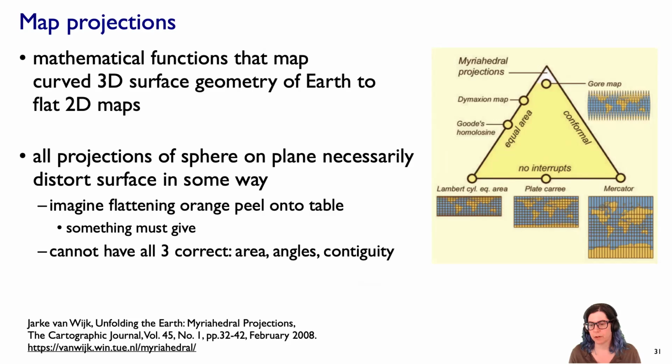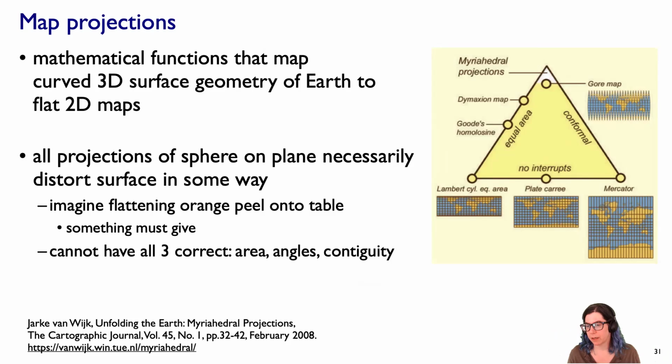Here in this figure from the myriahedral projections paper by Jaak van Wijk, we see the Mercator projection in the bottom right, and then we see some other alternatives. In some we have the area equal, in others we have conformal, which is a fancy math word for keeping the angles correct.